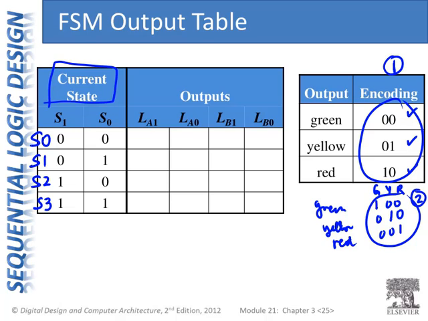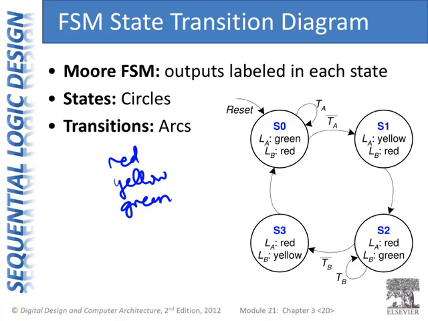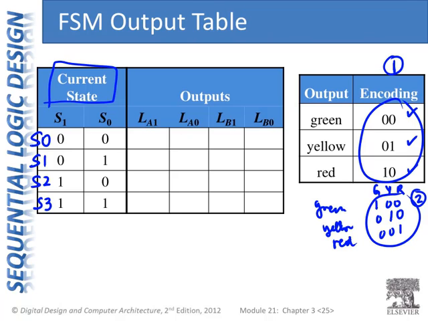Here we have the current state on the left. S1, S0 is first in the S0 state. Well, in the S0 state, we go back to our state transition diagram. And we see that in the S0 state, LA is green and LB is red. So LA is green, we use our green encoding here. And LB is red.